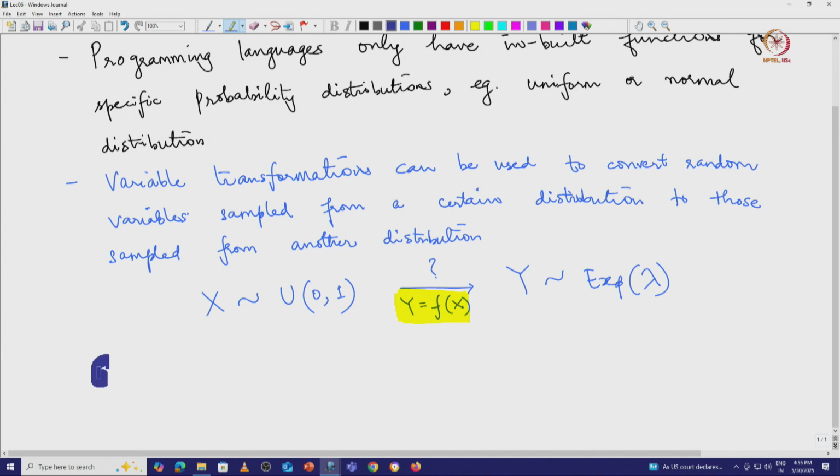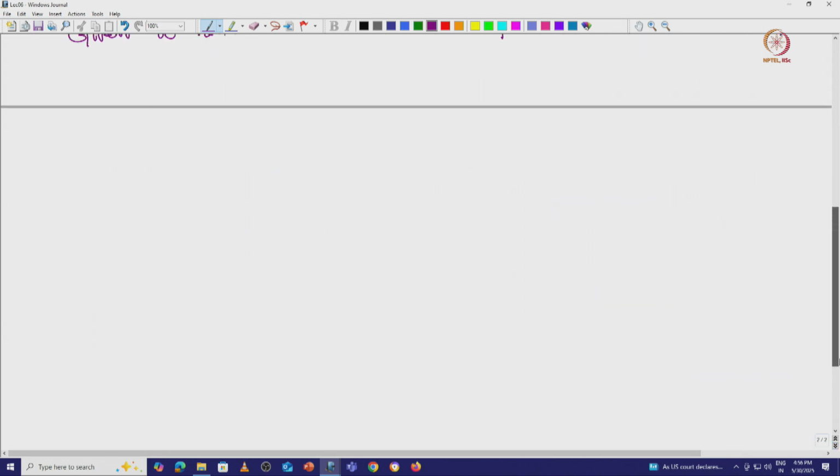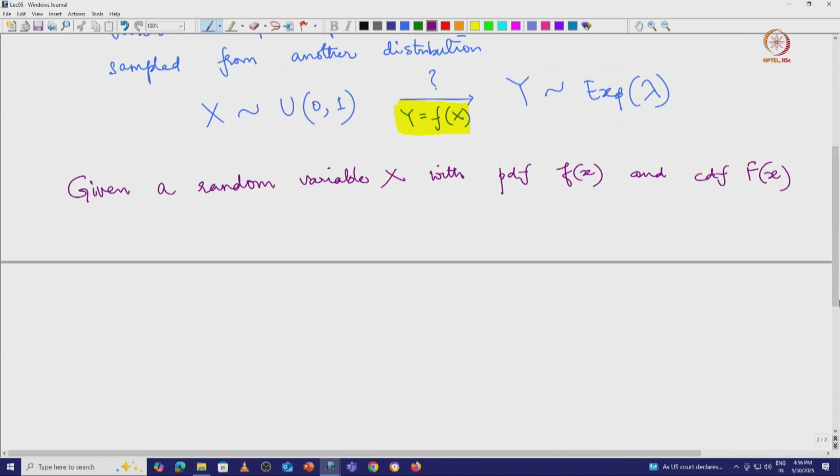on probability and statistics to learn the derivation of the equation that I will be presenting, right. So given a random variable x, with a probability density function f of x and a cumulative distribution function, CDF, capital F of x, right.